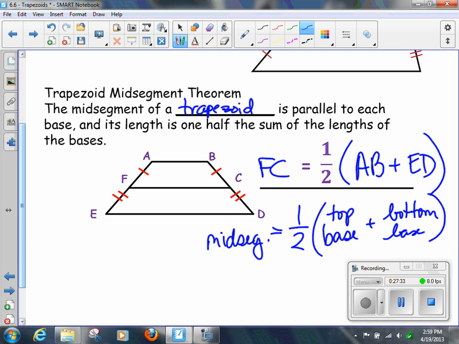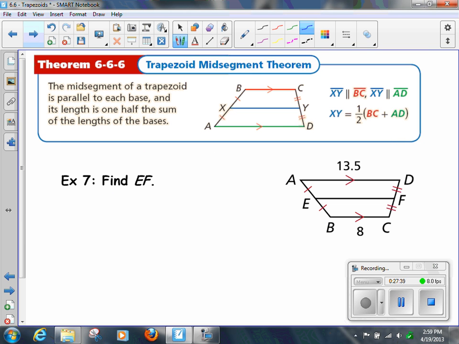How many more examples? 2, that's it? Here we go. Find EF. What's the formula? Here's the thing you look for: AE is congruent to EB, DF is congruent to FC. That's a good thing. I'm going to have my mid-segment equal to 1/2 the top plus the bottom. I've got to find EF.